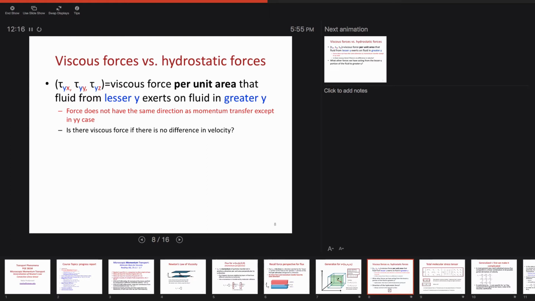However, we do have some forces that are acting in the absence of the differences here in velocity. And those are my thermodynamic pressure forces that I mentioned already. So we need to look at them separately. And we know that pressure has a habit of working orthogonally to the surface, right? Whatever surface, and however that surface might be oriented. So if I'm actually looking at a tensor that describes that, I'm still going to use the same approach.